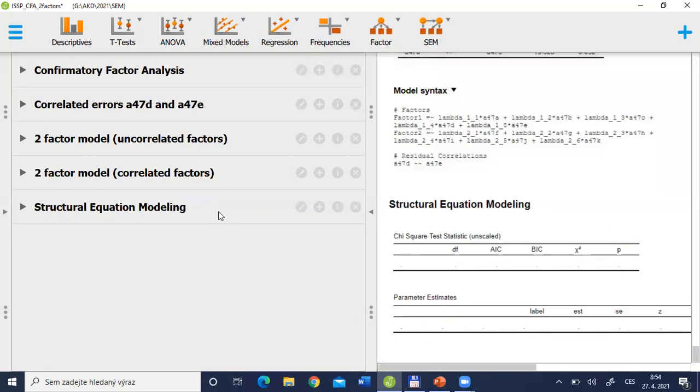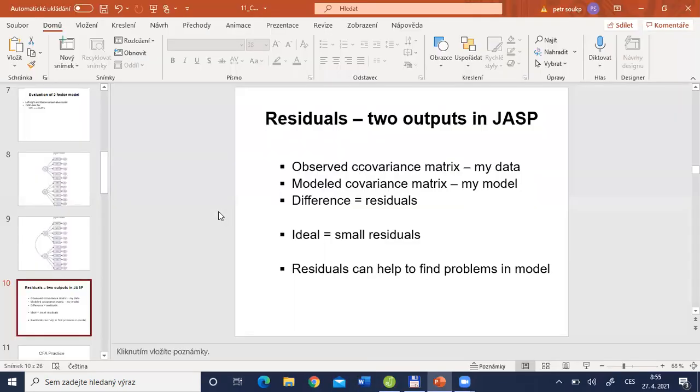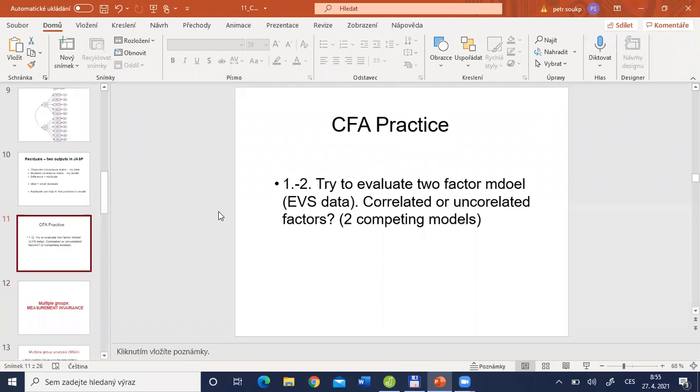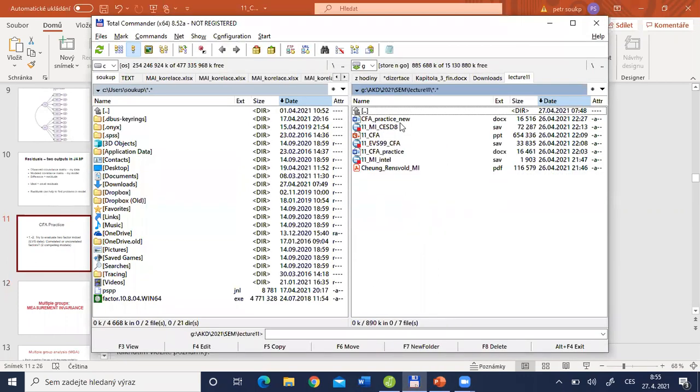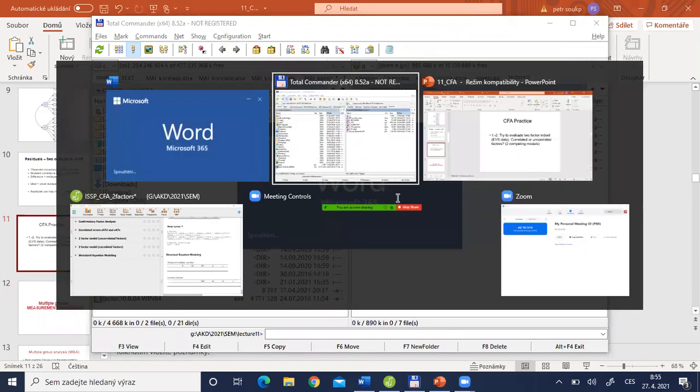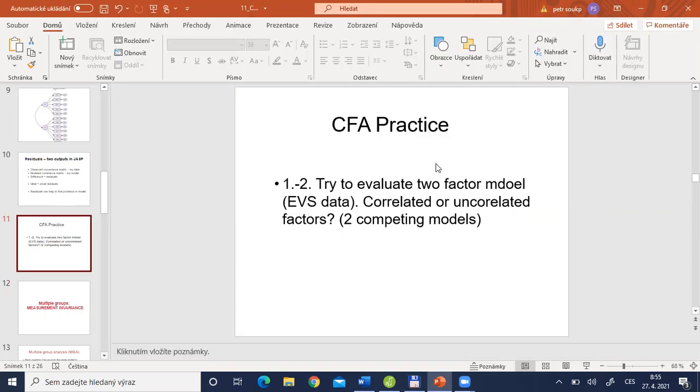So currently I would switch once again to the presentation. And I would like to ask you for your own CFA practice. There is one Microsoft Word file prepared for you, which is called CFA Practice. So I would open it, and through this CFA Practice, you should take a similar model as we have just covered.